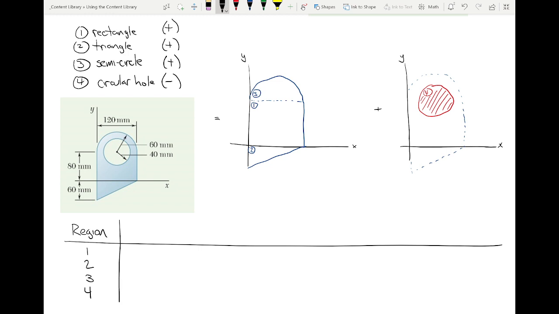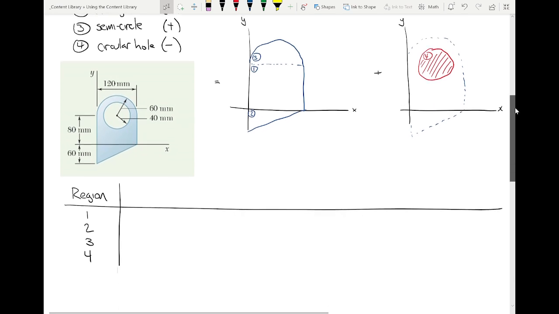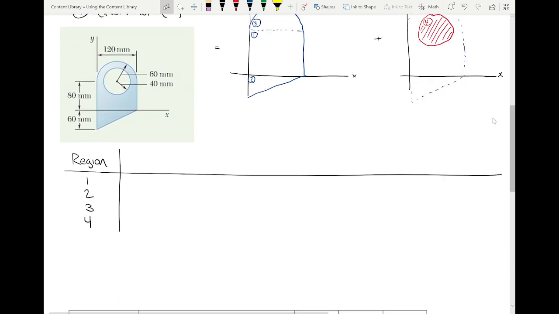The first thing that I'm going to do is compute the area of these regions. Let me see if I can scroll down a little bit. I think you're going to see where this is going. So let's start off with region 1.